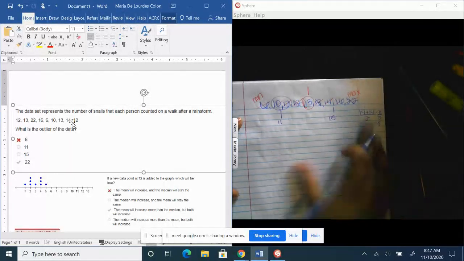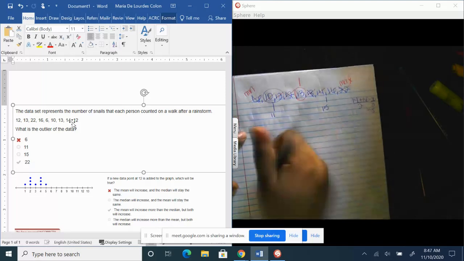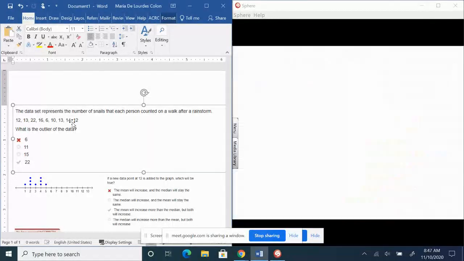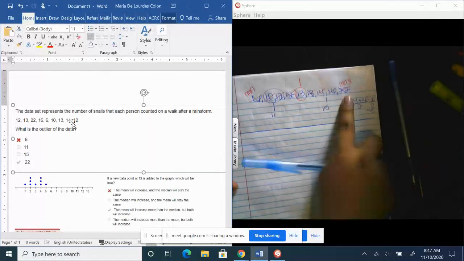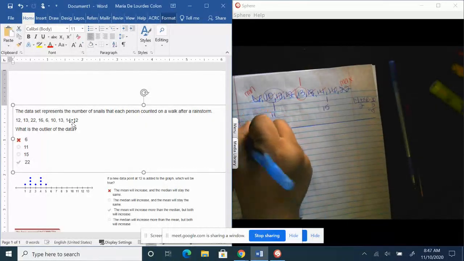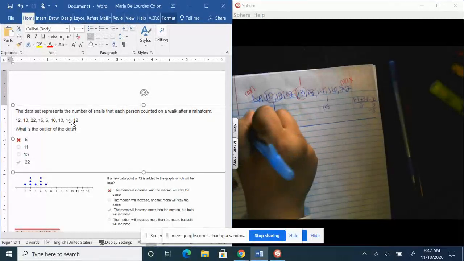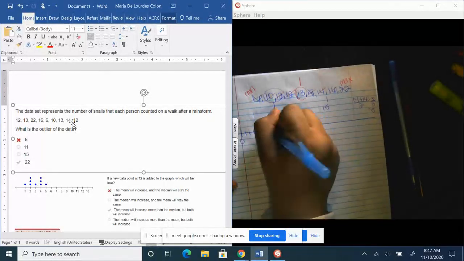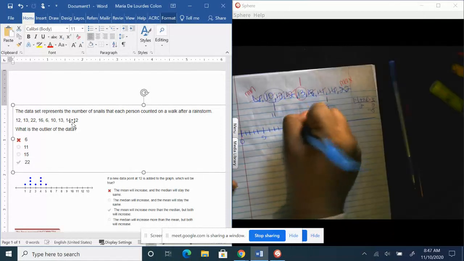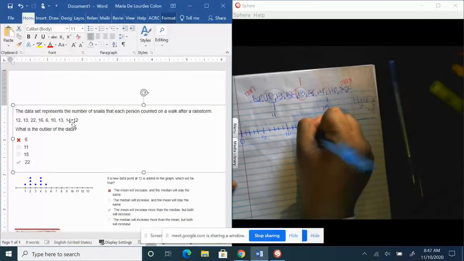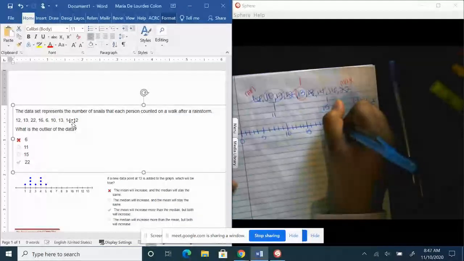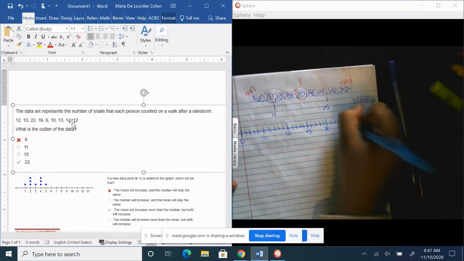So now we can sketch our box plot. So our min is 6, our max is 22. So let's do every 5. So 5, 1, 2, 3, 4, 5, 6, 7, 8, 9, 10, 11, 12, 13, 14, 15, 16, 17, 18, 19, 20, 21, 22, 23, 24, 25.